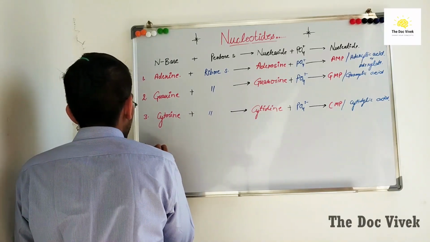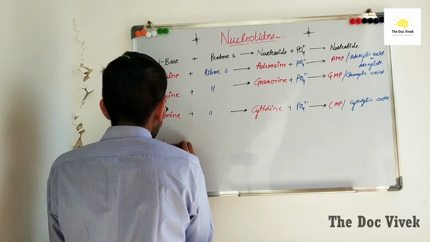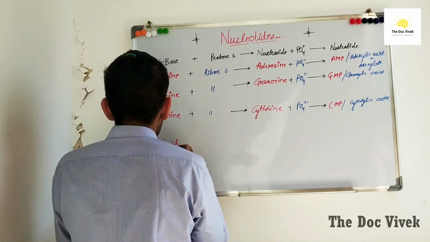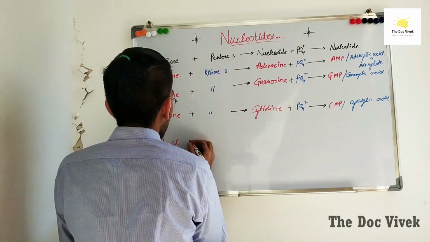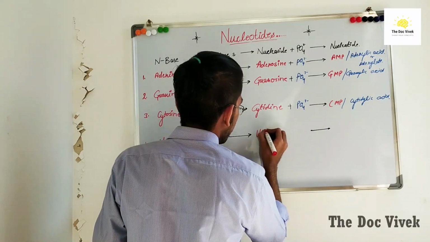And finally the fourth one is uracil, and then the nucleoside formed is uridine.